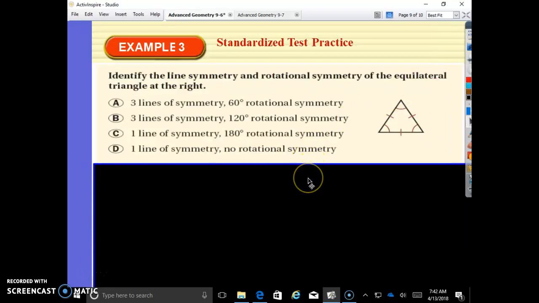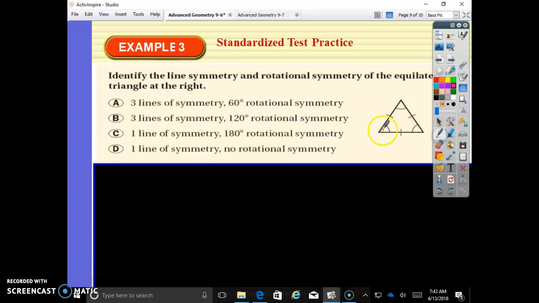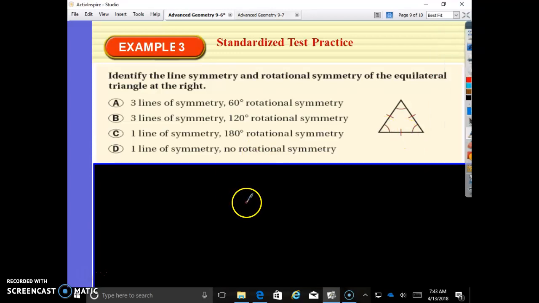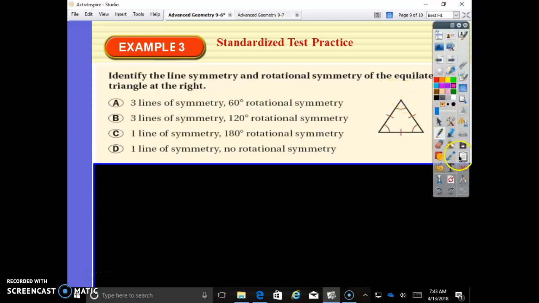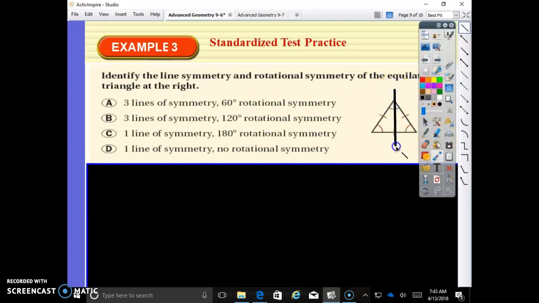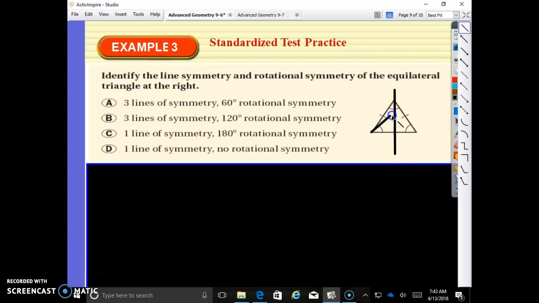Identify the lines of symmetry and rotational symmetry of the equilateral triangle at the right. All right, so how many lines of symmetry? You have 1, 2, 3.